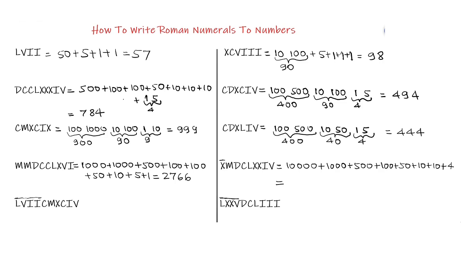The sum of all these numbers is 10,000 plus 1000 is 11,000 plus 500 is 11,500, then plus 100 is 11,600, then 50 plus 10 is 60 plus 10 is 70 plus 4 is 74. This is 11,674.